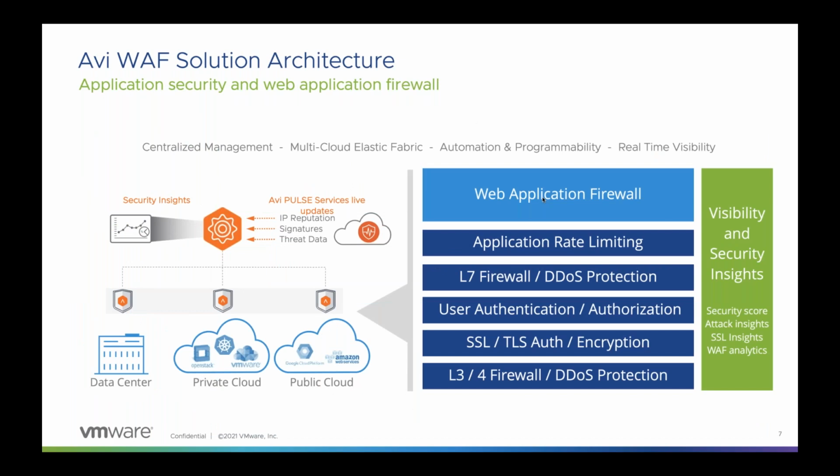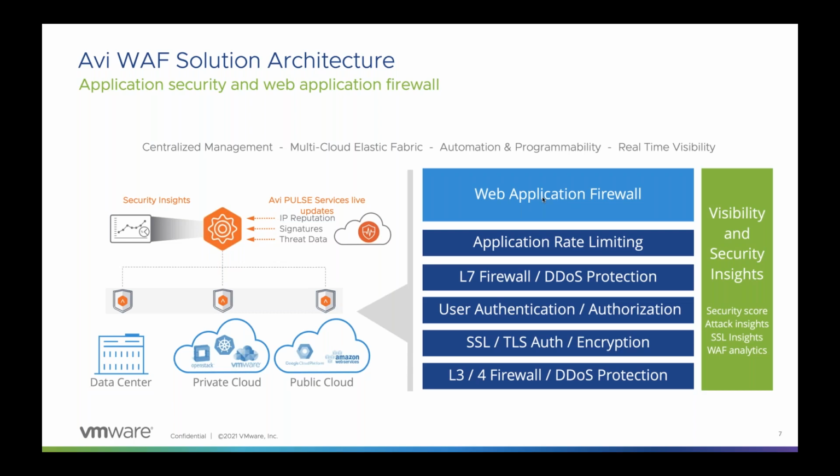Touching on WAF very briefly. So Avi has a WAF which has been there for more than 4 years now. Initially, when we started, what we wanted to do was leverage our fabric approach, as I mentioned, with great analytics, with the great user friendliness in terms of configuration, and provide the similar experience.